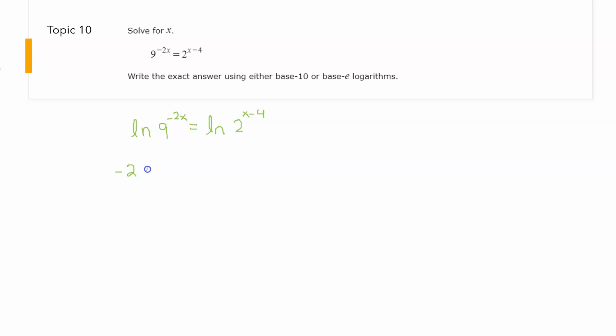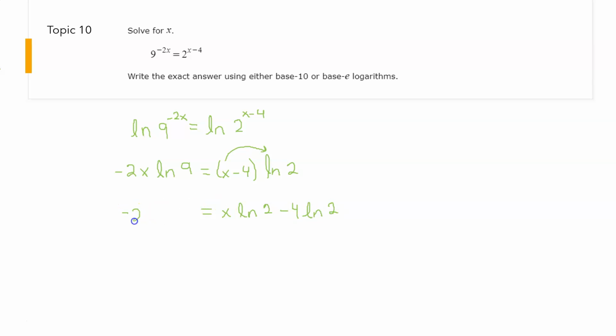Again, using the properties of logarithms, that will be 2x times natural logarithm of 9, and this will be x minus 4 times natural logarithm of 2. I'm going to do the product: x natural logarithm of 2 minus 4 natural logarithm of 2.